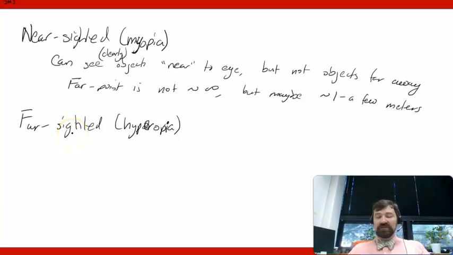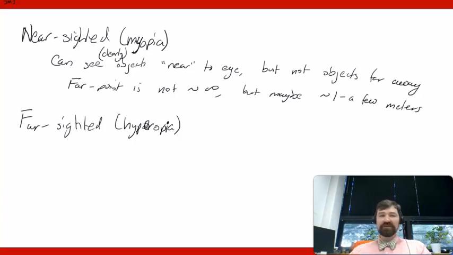In nearsightedness, your far point has shifted nearer to you than what is ideal. So instead of being able to see things very, very far away, your far point may be only 1 meter away or a few meters away or what have you.